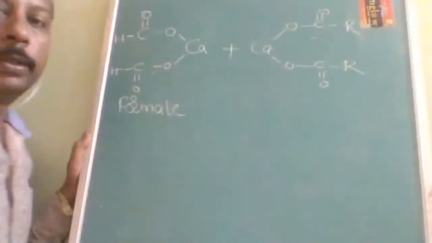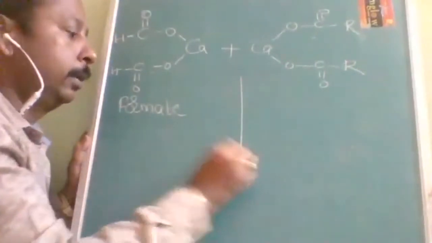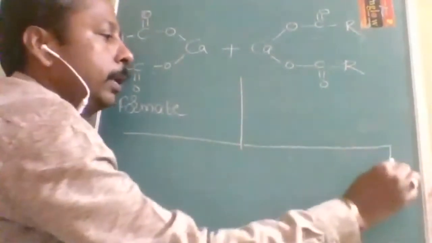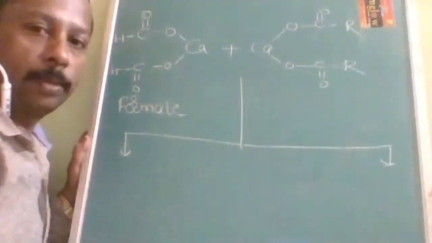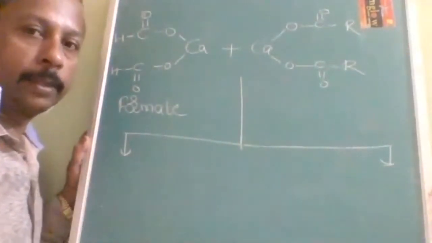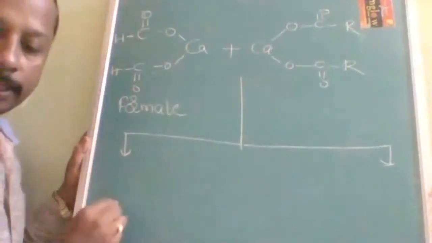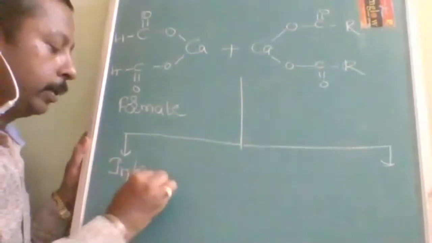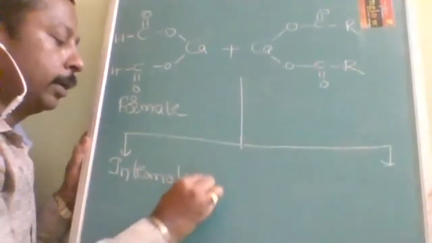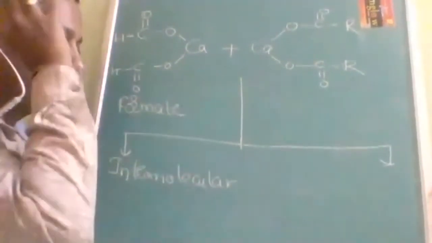Now here there are two chances, which are going to give you three products. How many products are you going to get? Three products. The first one is intermolecular. Intermolecular is going to give one product.